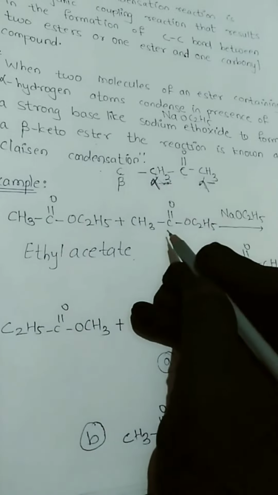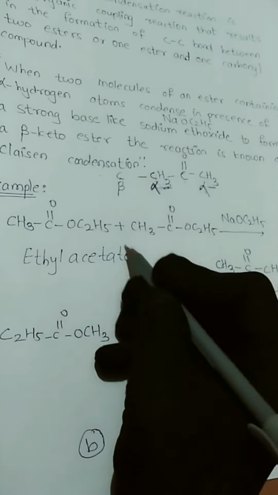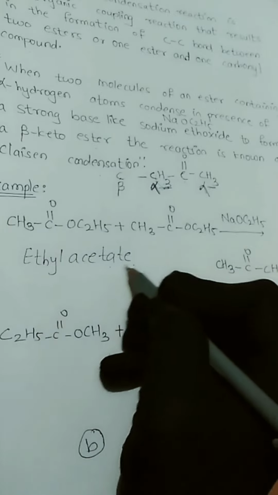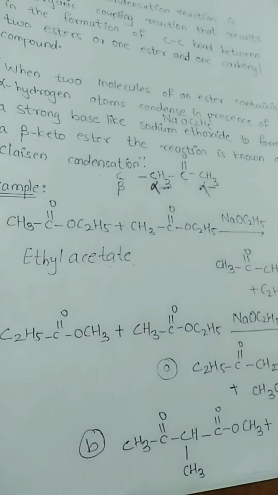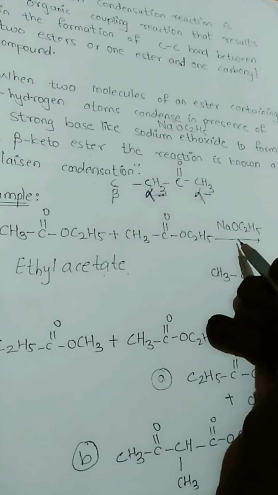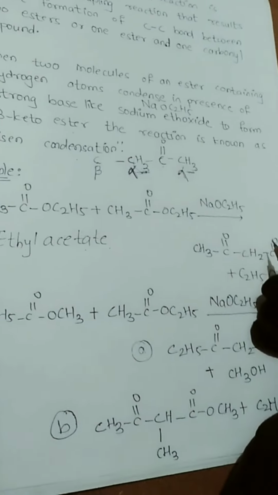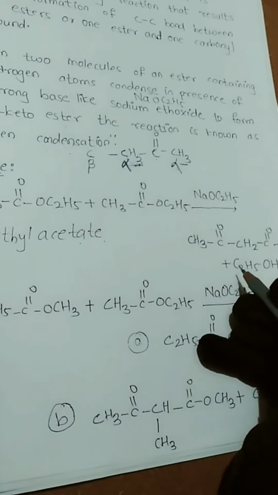Here are two molecules of ethyl acetate. Acetate means it comes in the ester family. What we have taken is a strong base, which is sodium ethoxide. What we will get is a beta keto ester.